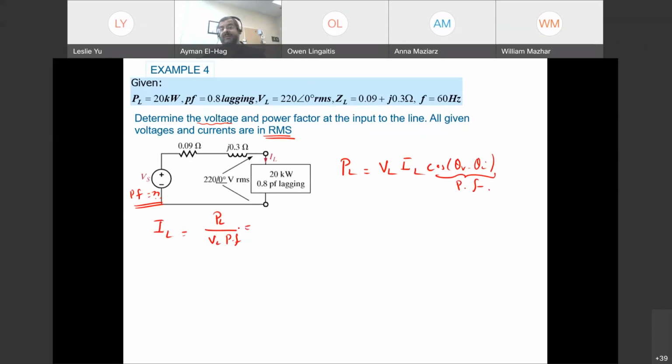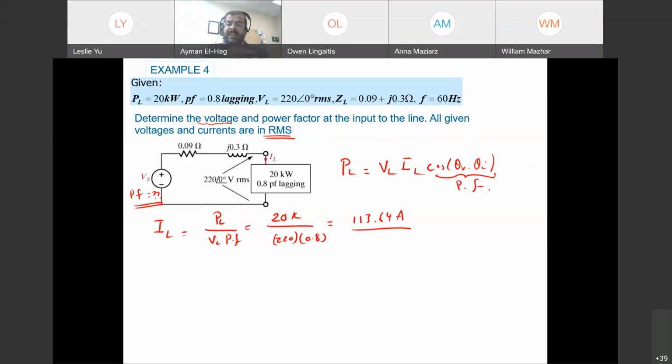And everything is given to us. And this is always the case. This is 20 kilo divided by VL, which is 220 volts, and the power factor is 0.8. So if you do the calculation, this is 113.64. And let me tell you that this is mistake number one in the book in power calculations.